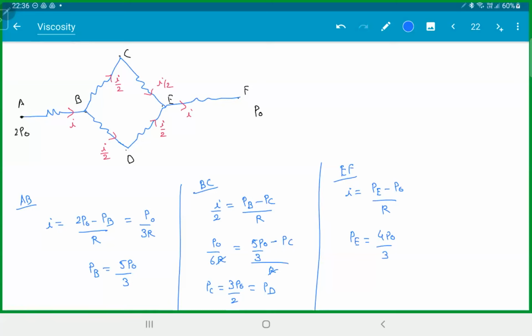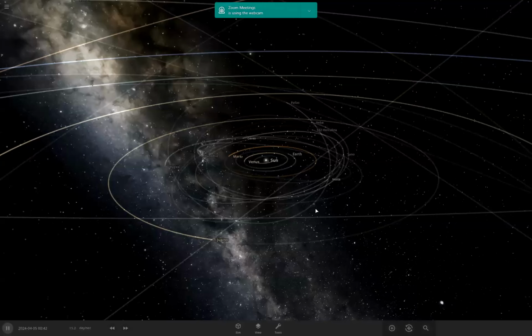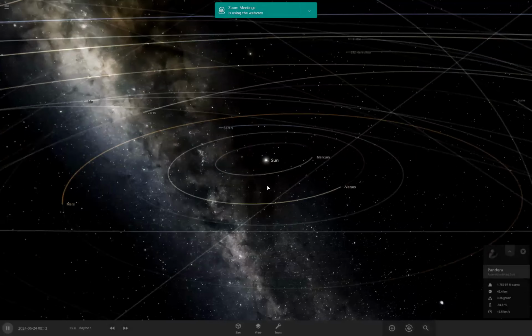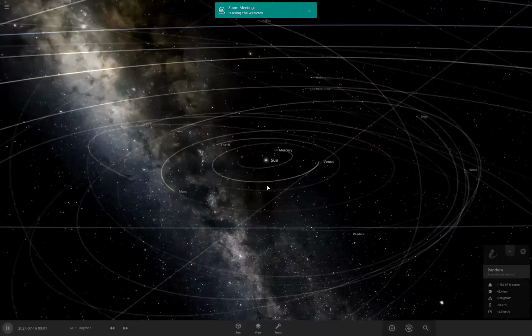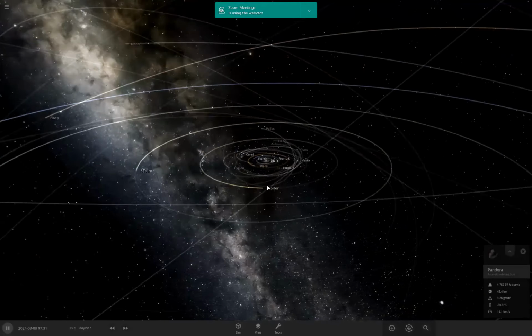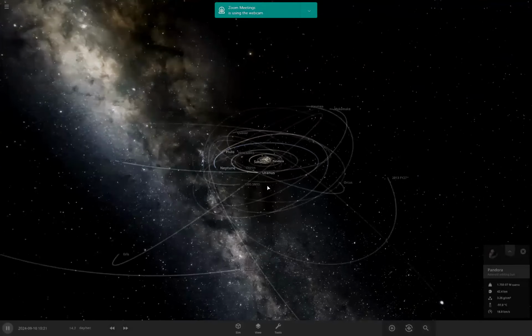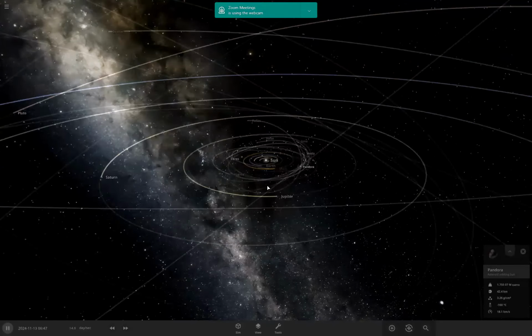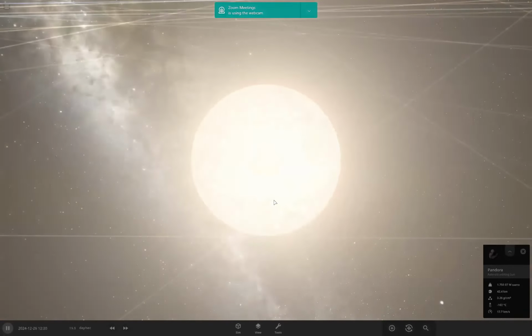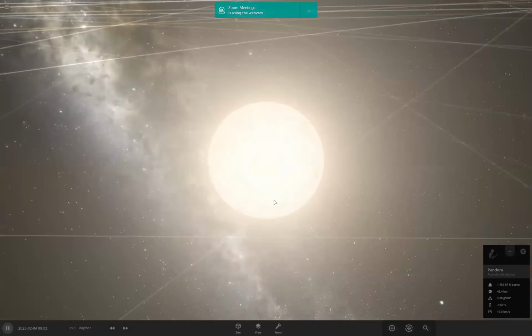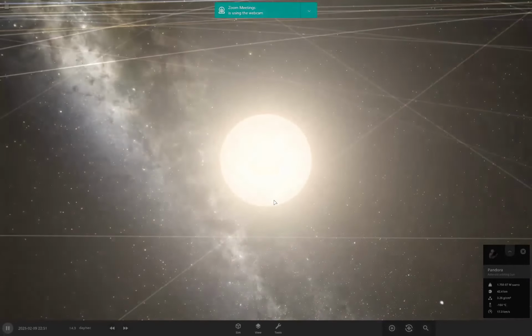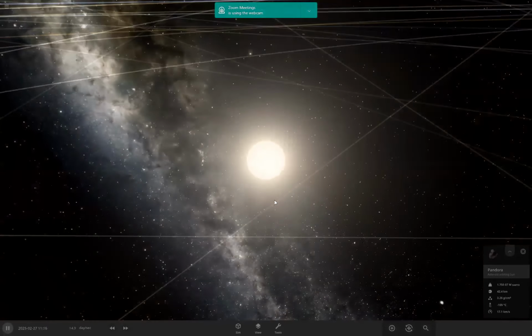I just wanted to show you something and then we'll wrap up with that. Can you see? This is actually a simulation of this entire solar system. Okay, now you can see the planets orbiting.